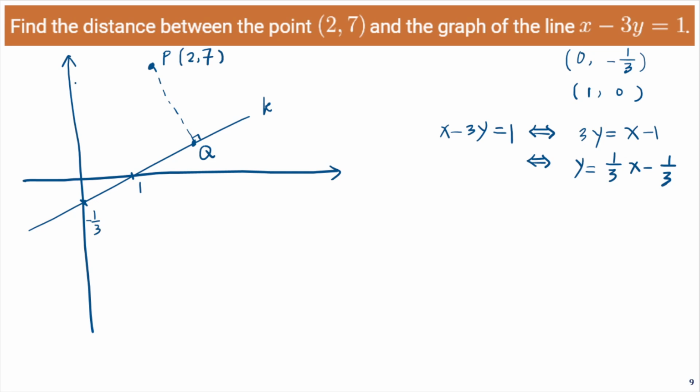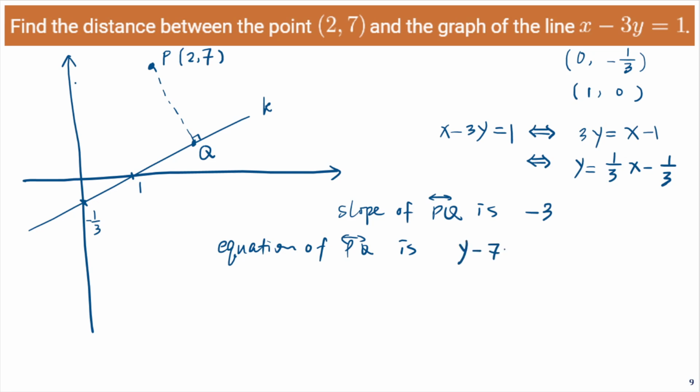And we know the slope of line PQ is negative 3, right? Because PQ is perpendicular to K. We also know a point on the line, so the line has equation y minus 7 equals -3 times (x minus 2), right?